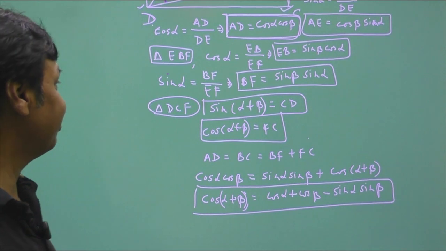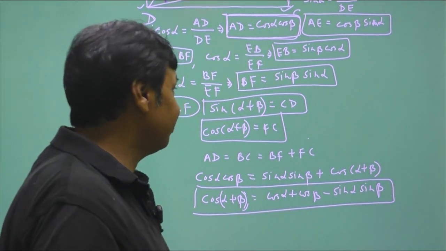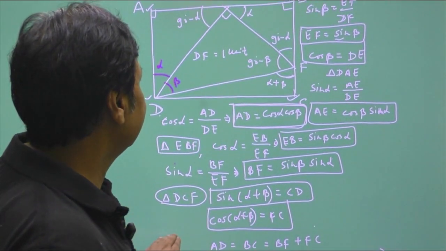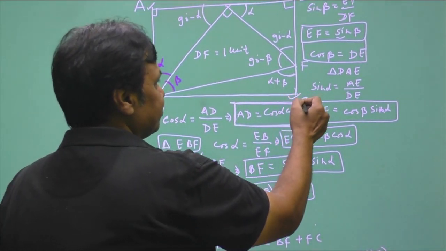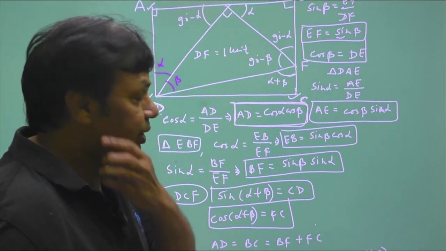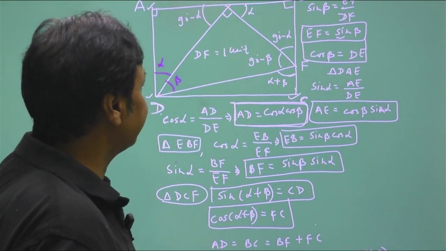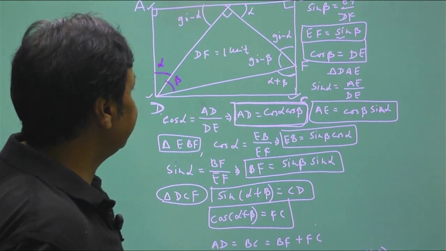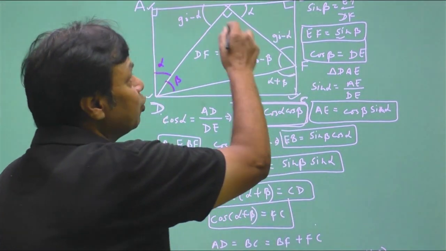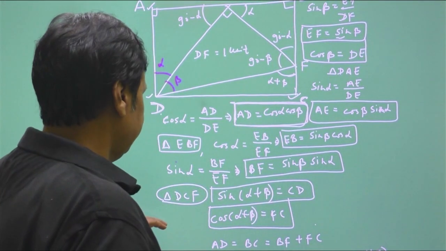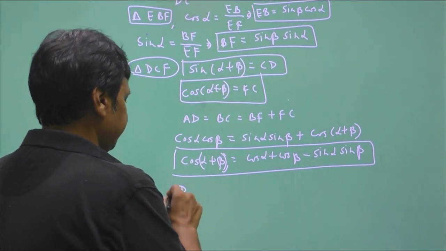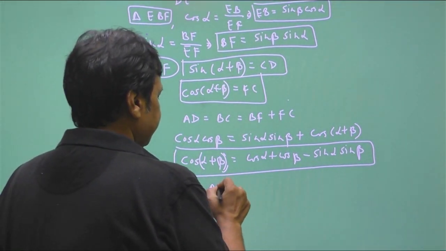So, can we find sin alpha plus beta? Yes, we can. Sin alpha plus beta is equal to CD. CD is here. But CD is equal to AB. So let me write somewhere, CD is equal to AB.